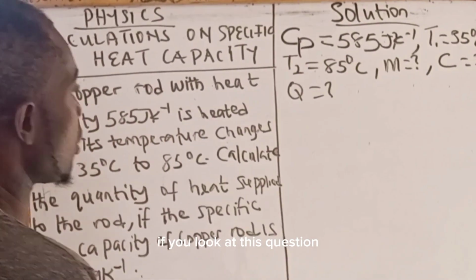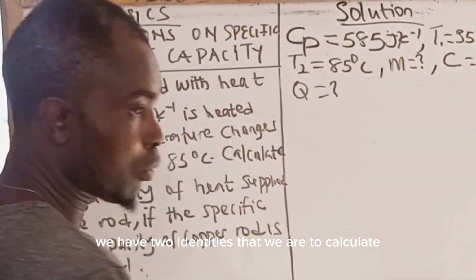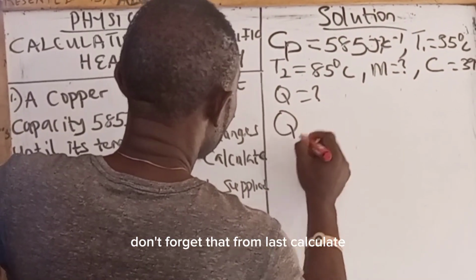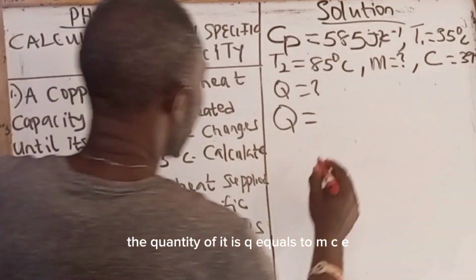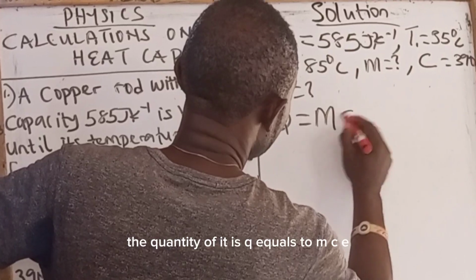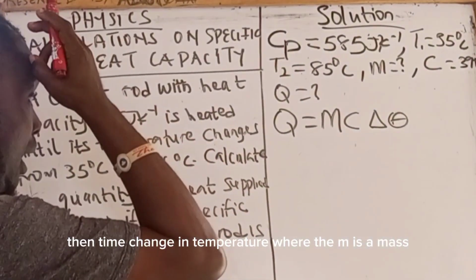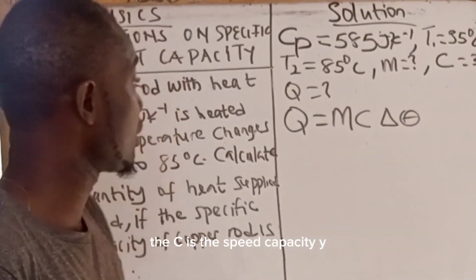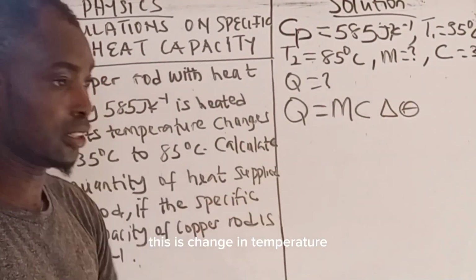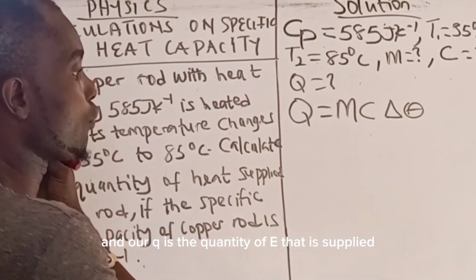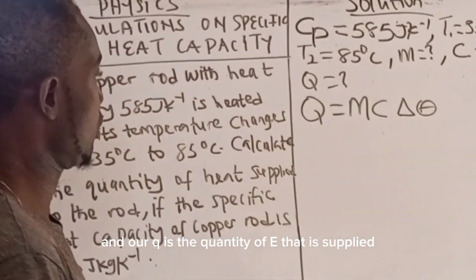If you look at this question, we have two unknowns that we are to calculate. Don't forget that the formula to calculate the quantity of heat is Q equals MC times the change in temperature, where M is the mass, C is the specific heat capacity, while this is the change in temperature, and Q is the quantity of heat that is supplied.